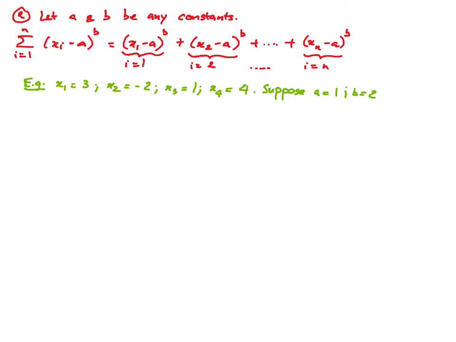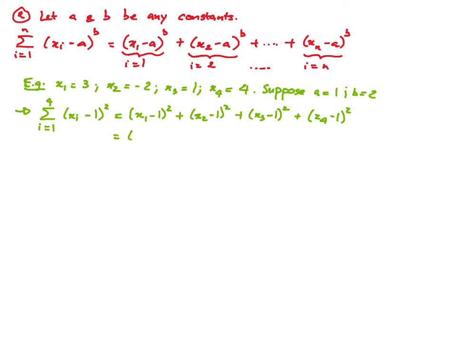Then the summation of (xi minus 1) squared for i going from 1 to 4 is going to be equal to (x1 minus 1) squared plus (x2 minus 1) squared plus (x3 minus 1) squared plus (x4 minus 1) squared.